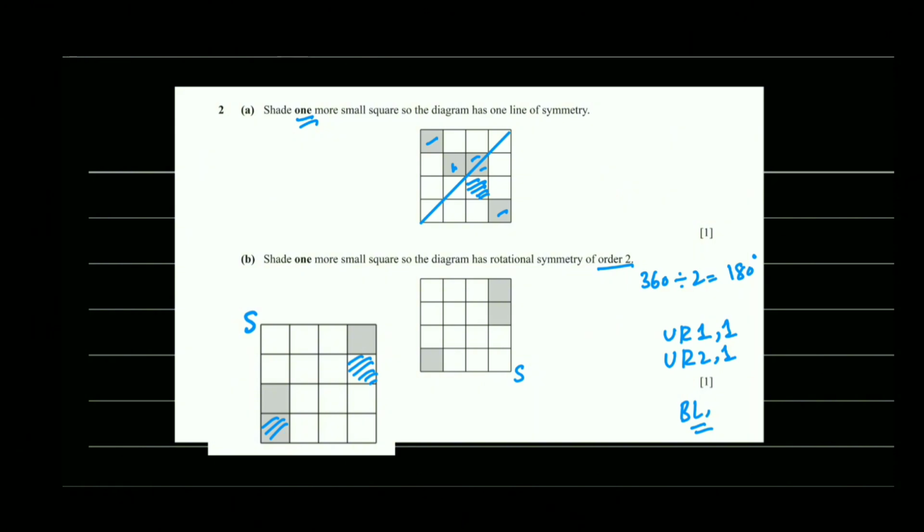This box is already colored, and now this is your required solution. So you have to color this box according to this figure. This is the way you can solve these types of questions.